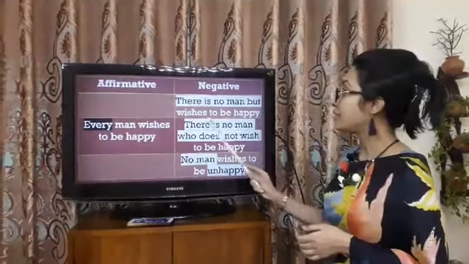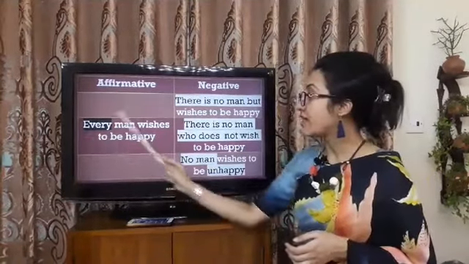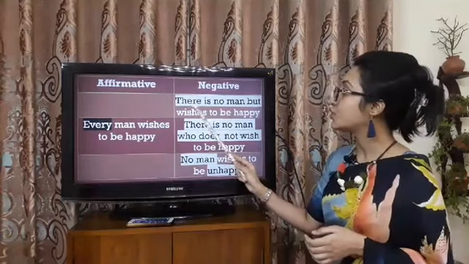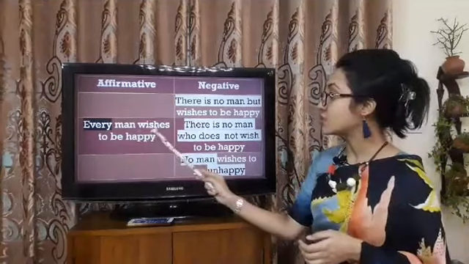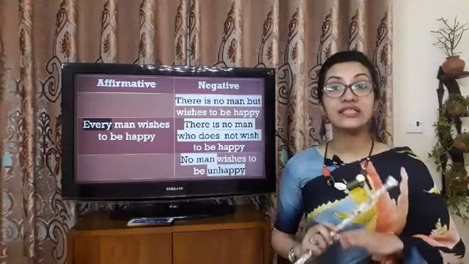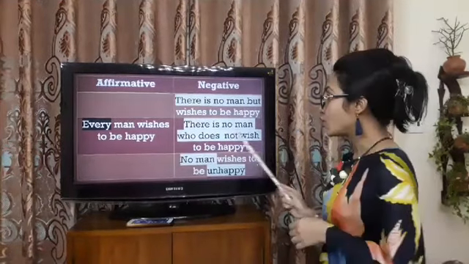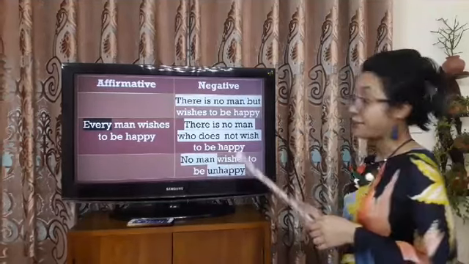So as you can see, the highlighted part has been changed into there is no man but. The rest of the sentence, wishes to be happy, remains the same. The second one, there is no man who does not wish to be happy.